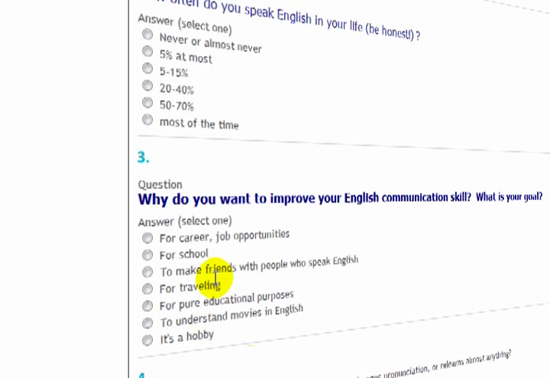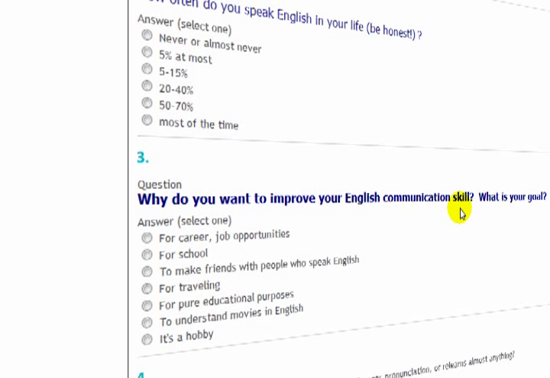Number 3, here we have why do you want to improve your English communication skill? What is your goal? It's very important to acknowledge why you are working on English. Why do you want to do it? Now, of course, there can be many reasons.